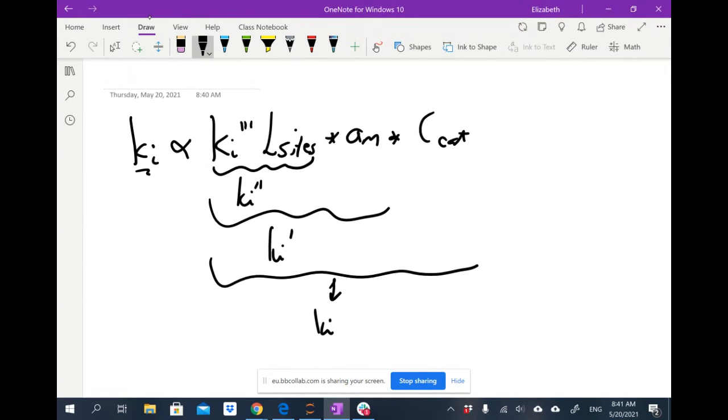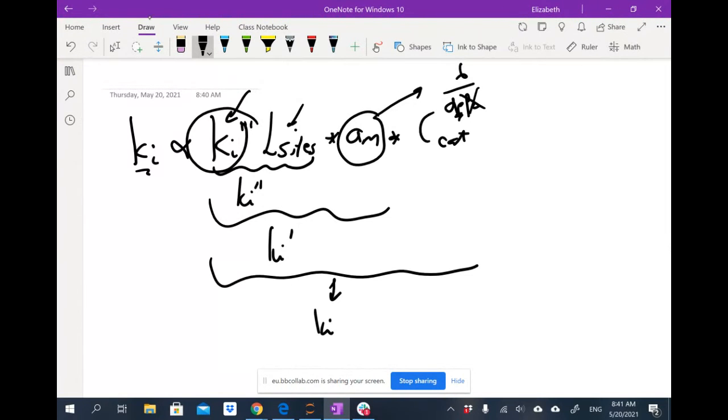So my Ki is proportional to all these variables. Okay, this is the only constant. This I can change. What is AM proportional to? AM is proportional to 6 over the particle diameter and the catalyst density. That is in all probability not going to change.